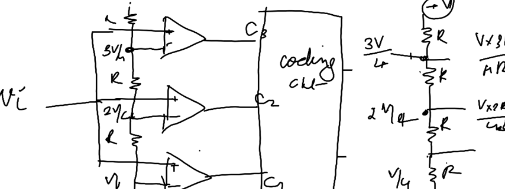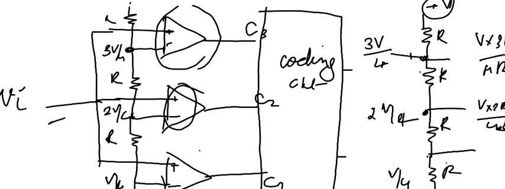So this comparator gets two inputs: the input voltage Vi and 3V by 4. The next comparator gets the input voltage Vi and 2V by 4.